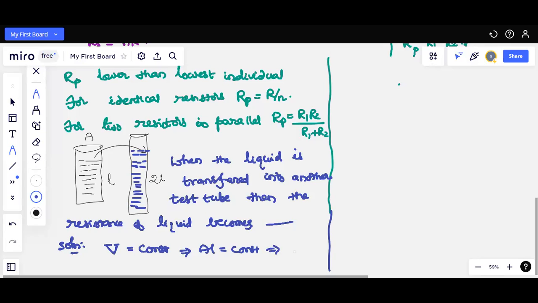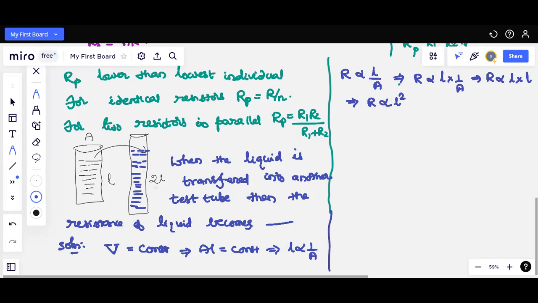Or you can write L is inversely proportional to A, whereas resistance is directly proportional to L by A. That 1 by A I am replacing with L, and so R is directly proportional to L square.